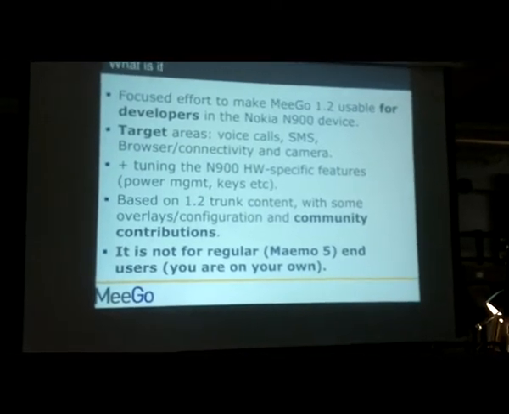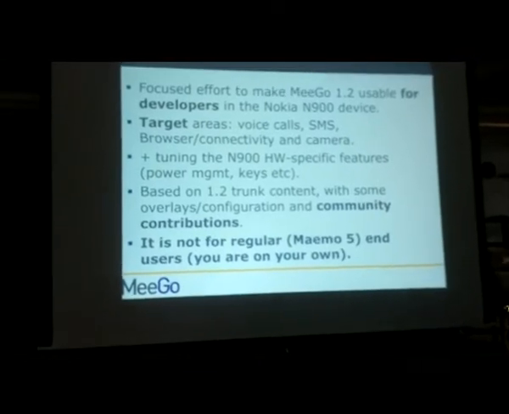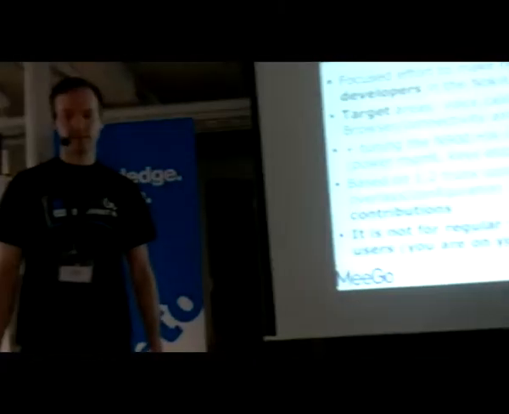On top of that, we are tuning the N900 device hardware specific stuff to really work, like hardware keys, and power management is a big issue, so that you don't run out of battery immediately. You can make voice calls, that kind of stuff.